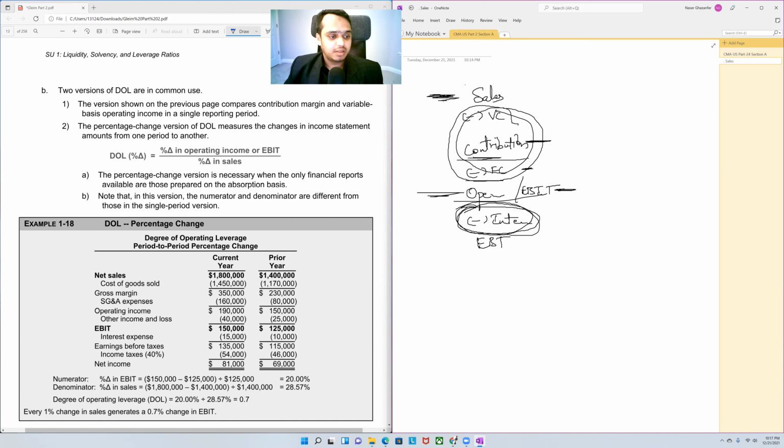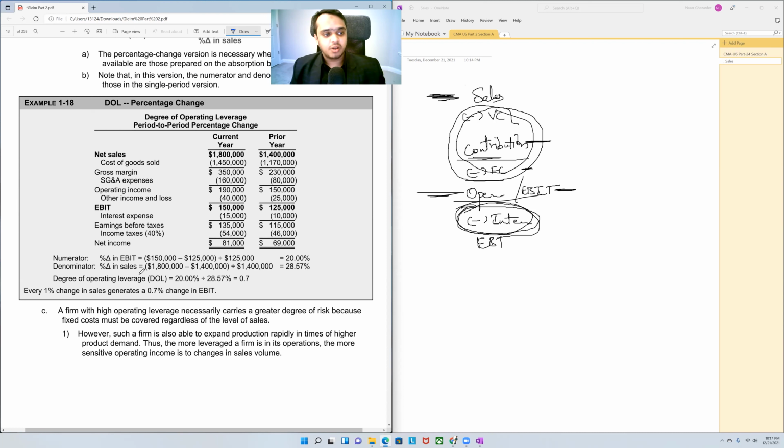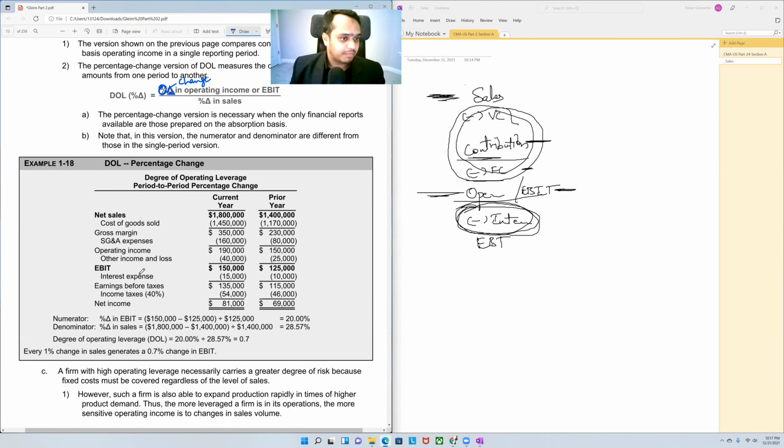This triangle here means how much is the change: change in operating income, change in sales. That's what you're doing, and based on that you calculate your degree of operating leverage. That's what it is.